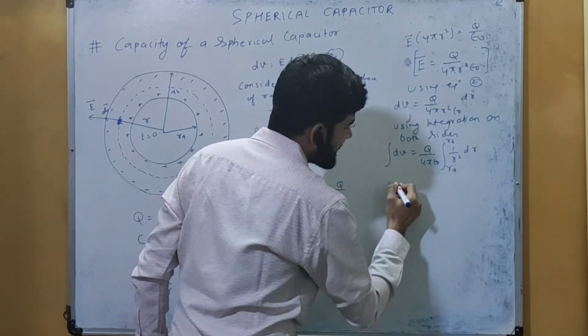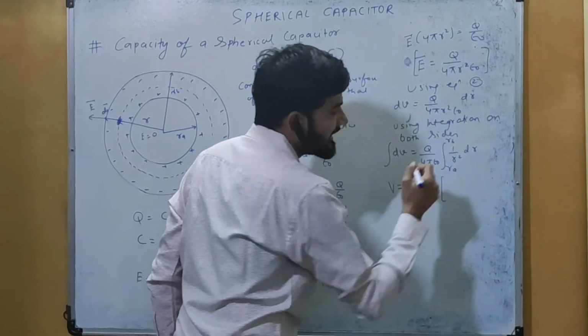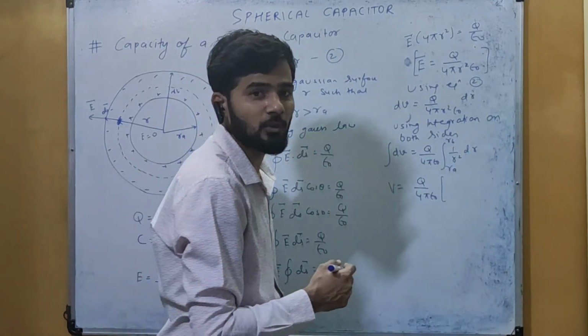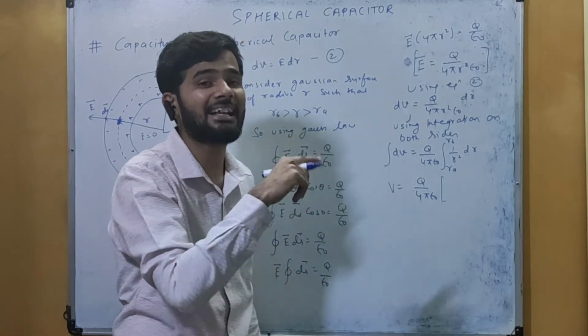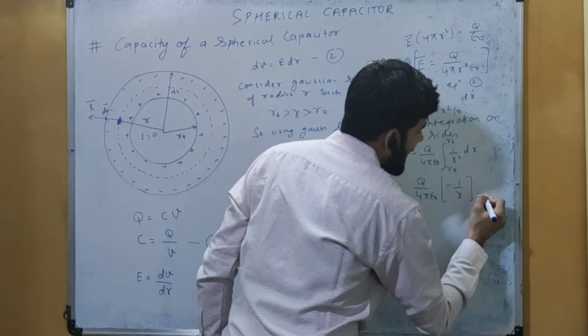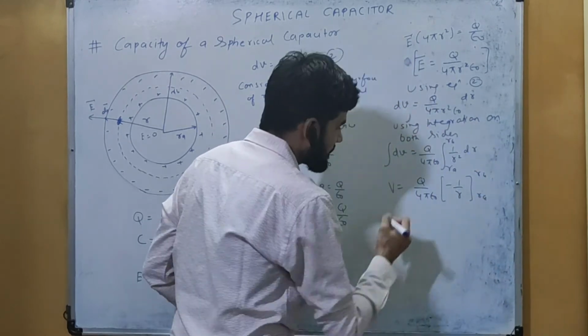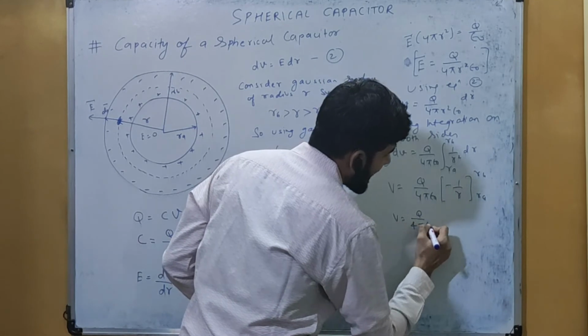Okay, here V is equal to q by 4 pi epsilon naught. Here integration 1 by r square is equal to r raised to the power minus 2 plus 1 divided by minus 2 plus 1, that is the x raised to the power n formula. तो यहाँ पर कितना हो जाएगा, minus 1 by r from RA to RB. I can write this V is equal to q by 4 pi epsilon naught.